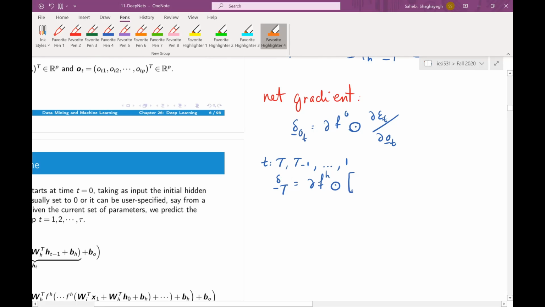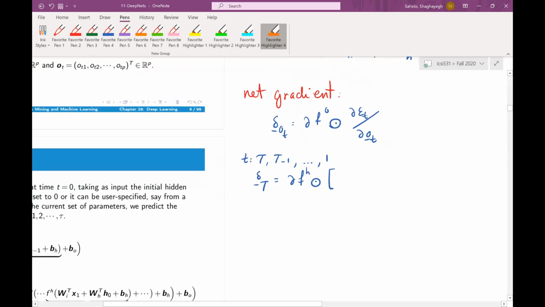Now, similar to MLP, when we wanted to backpropagate the net gradients, we weighted it with our W's. We have a similar situation. So this is going to be the element-wise product with W_HO and the net gradient of O tau.